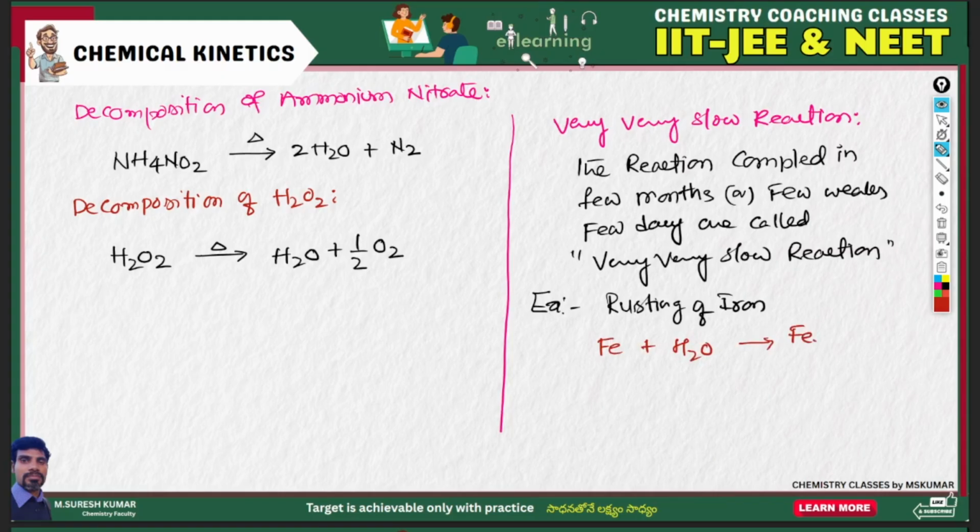Hydrated ferric oxide, Fe2O3.xH2O. This is called rust, formula hydrated ferric oxide. Clear, my dears? So these all are fast reaction, slow reaction, moderate reaction.